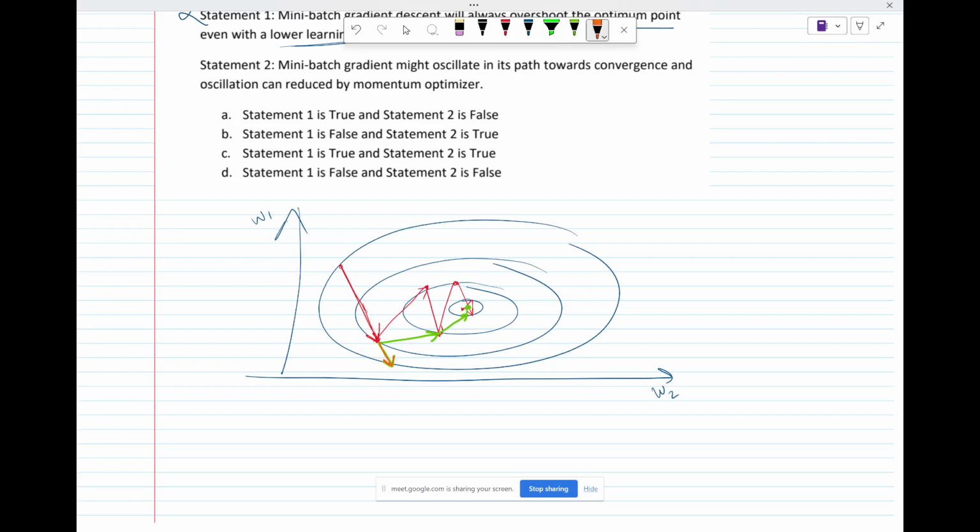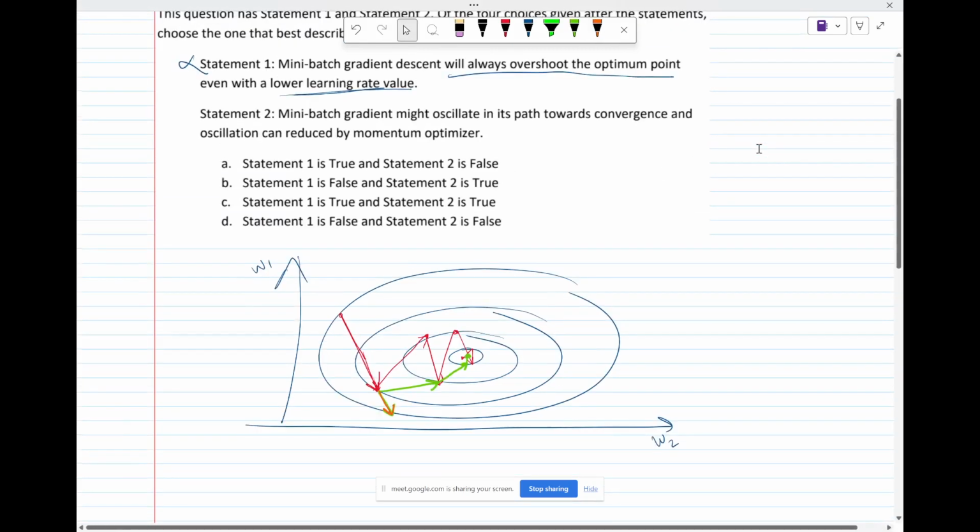Because of the momentum, the oscillations may be less. The momentum doesn't allow it to deviate too much from the direction it is moving in. So the momentum reduces the oscillation.